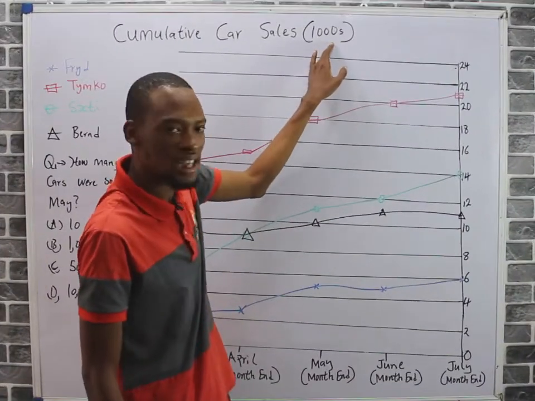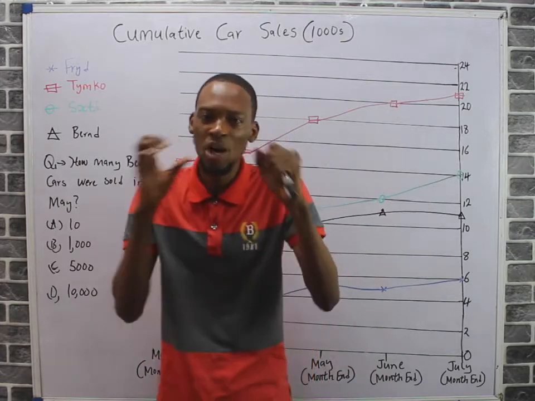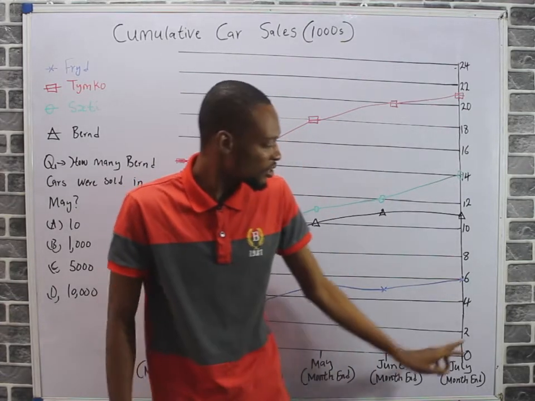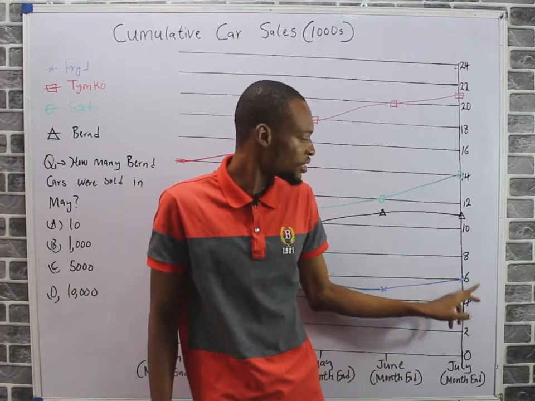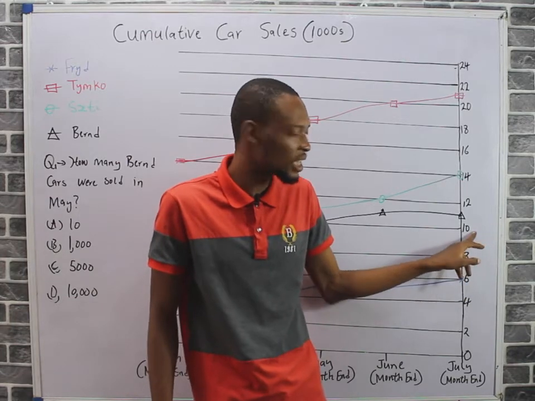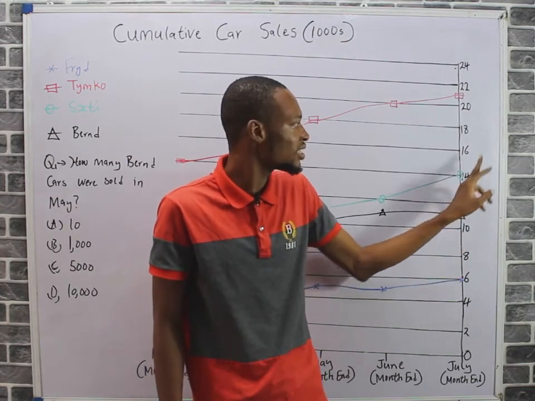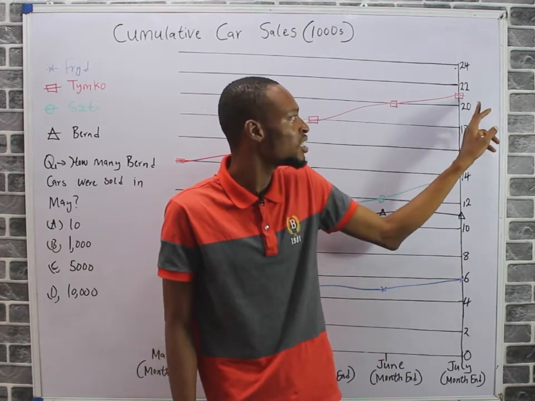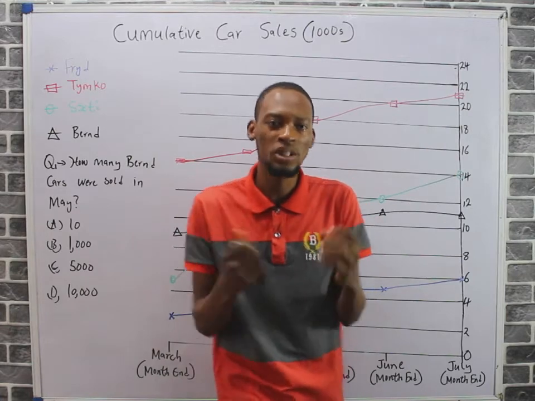Since they are in thousands, it means each of these values represents 1,000. This means this is 2,000, this is 4,000, this is 6,000, this is 8,000, this is 10,000, this is 12,000, this is 14,000, 16,000, 18,000, 20,000, 22,000, and 24,000.